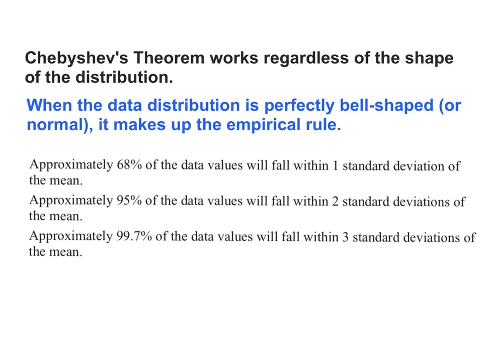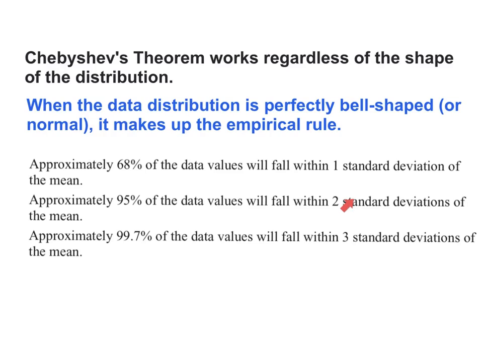Now, we couldn't use one standard deviation with Chebyshev's theorem, because one's not allowed. When we said two standard deviations, we got at least 75% of the data. However, in the empirical rule with a perfectly bell-shaped distribution, 95% of the data is going to be within two standard deviations.